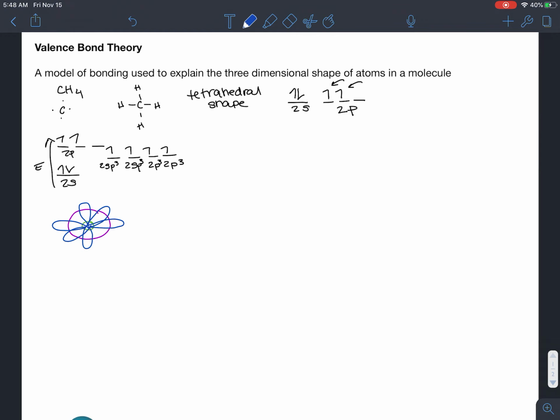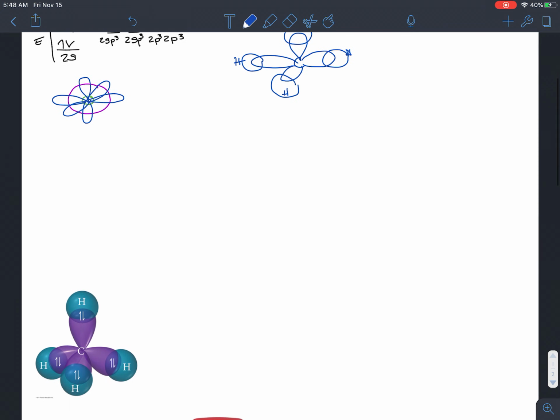If we showed you the bonding of the carbon, you would have your carbon, and now your tetrahedral shape, your 4 orbitals. And then you would have the s orbital of each hydrogen that would overlap to make the bond with the sp3 orbitals of the carbon.